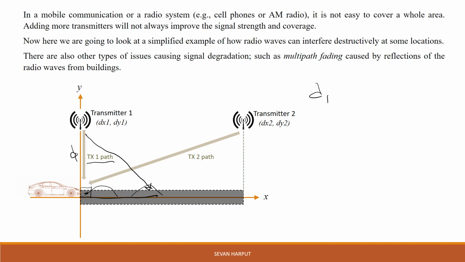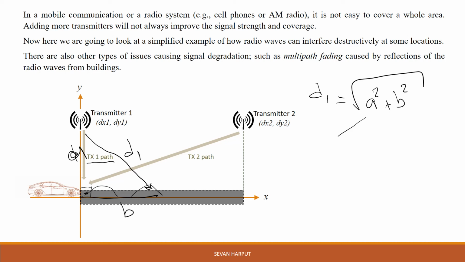If you remember the Pythagorean theorem, we basically calculate the hypotenuse. So you can see now D1 is this for this case. We can call this side of the triangle A and this side of the triangle B. And as you remember, the distance D1 will be the square root of A squared plus B squared. But A is actually changing according to the car's position.